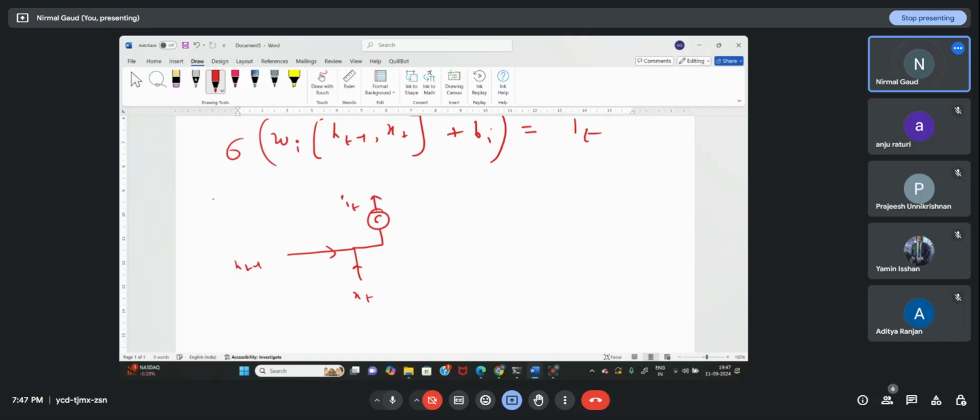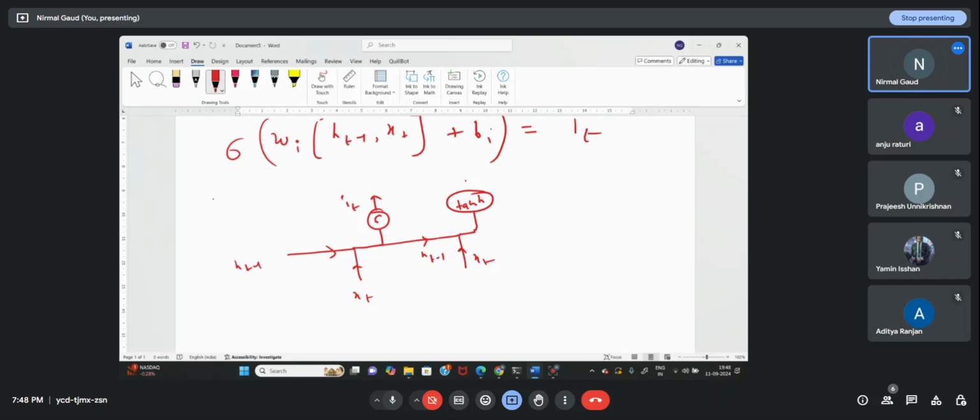And again, you take this ht minus 1 along with xt, you again take xt. And the next operation is hyperbolic tangent, tanh. This is what you do, tanh.